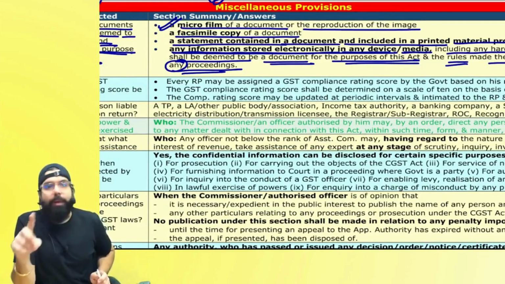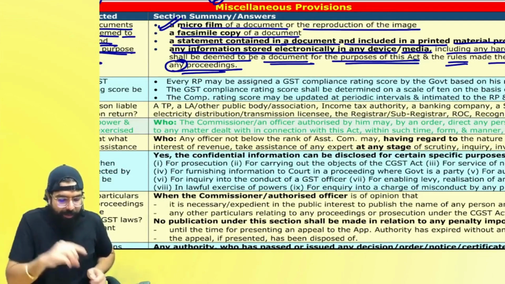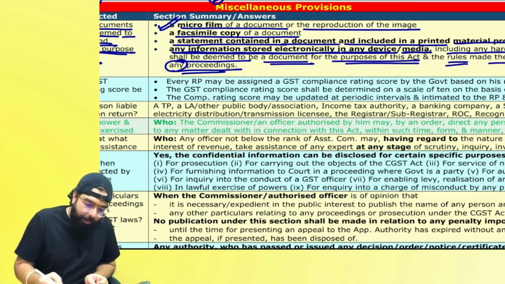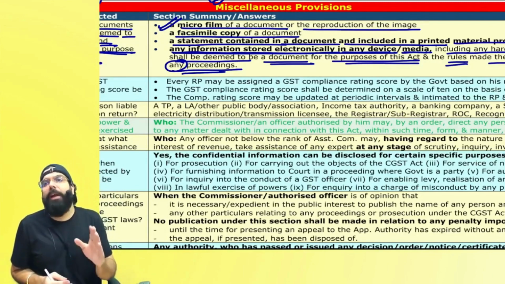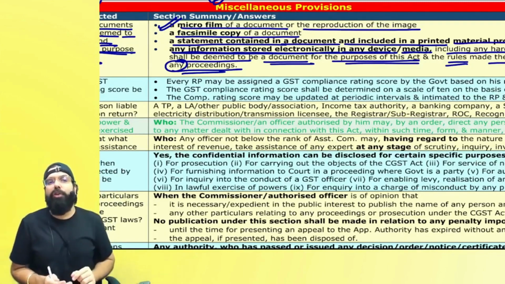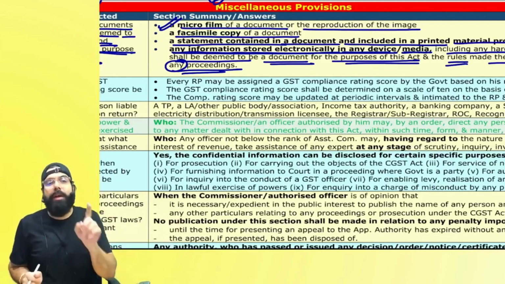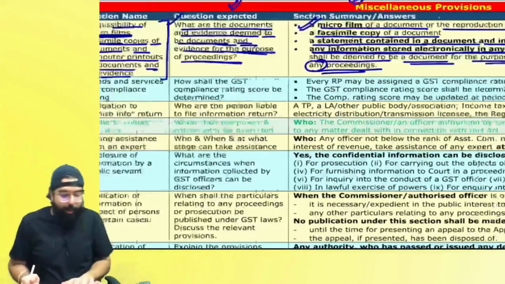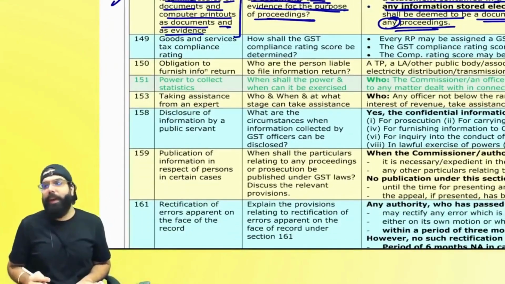Any microfilm, or facsimile copy, or a statement contained in a document, or any information stored electronically anywhere can be admitted as evidence against you. You can say this is a Xerox, I will not take this as evidence. The officer can say section number 145 allows me to take this as evidence. Can I go ahead, everyone?